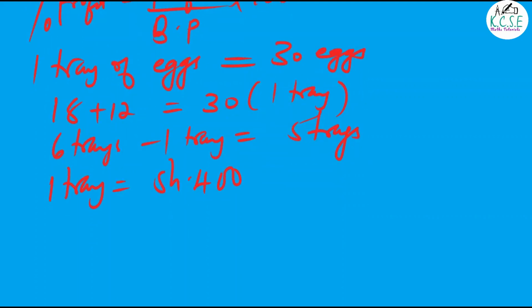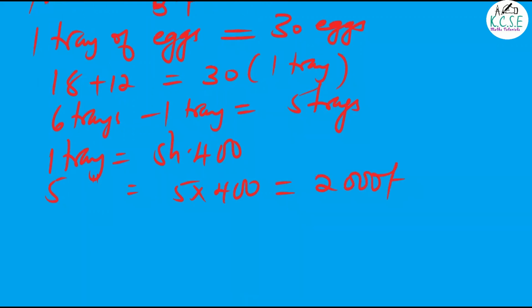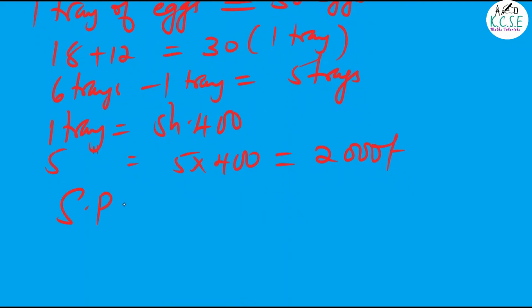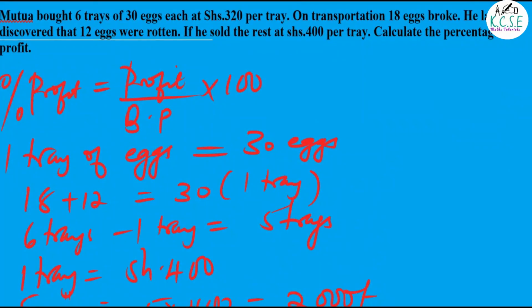So what about 5 trays? These will be given by 5 multiplied by 400, and this will give 2000 shillings. That was the selling price. So therefore the selling price is Kenyan shillings 2000. Now the buying price is indicated.